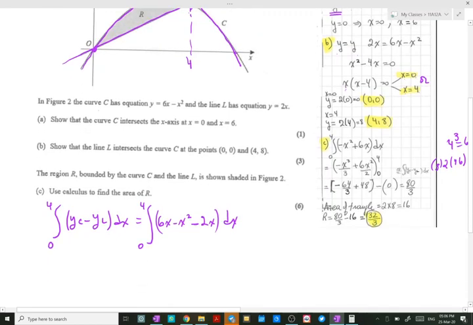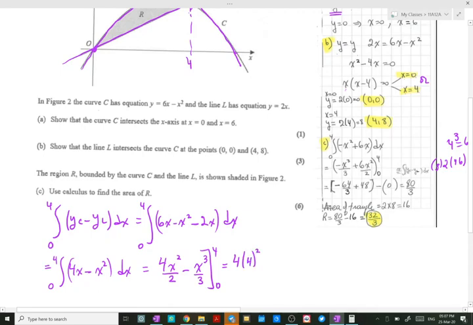Now we collect, this is equal to 6x minus 2x is 4x, minus x squared dx. Now we integrate, it's 4x squared over 2 minus x cubed over 3, and the bounds are 0, 4. Now we replace x with 4.